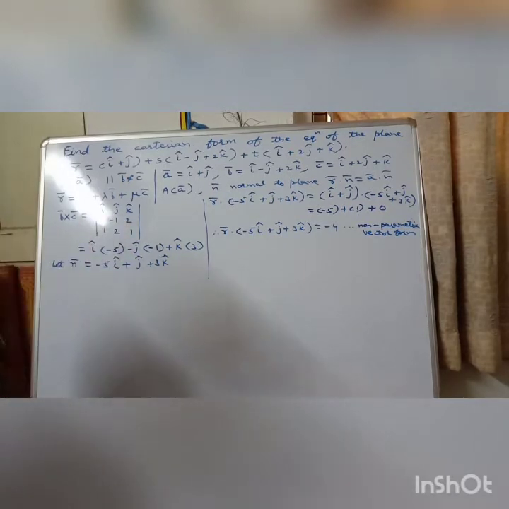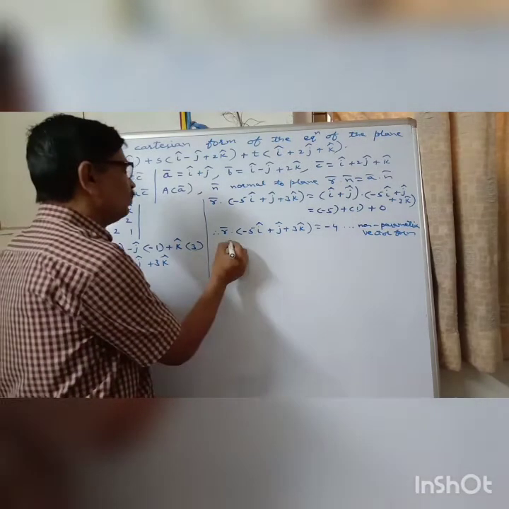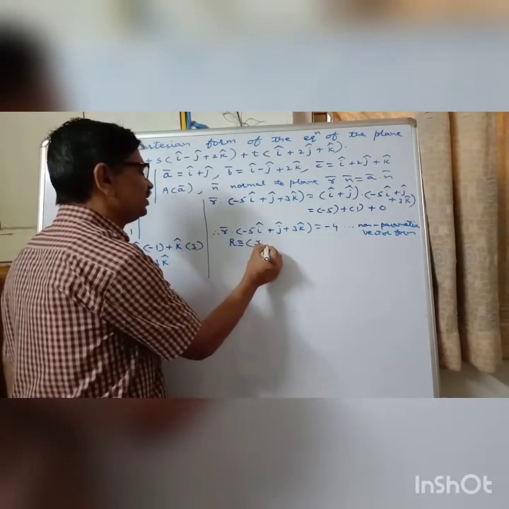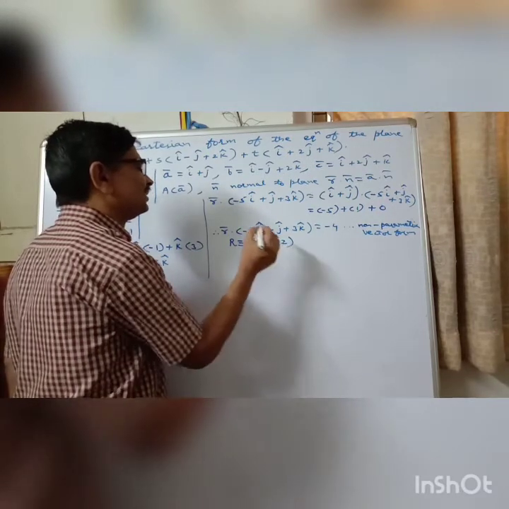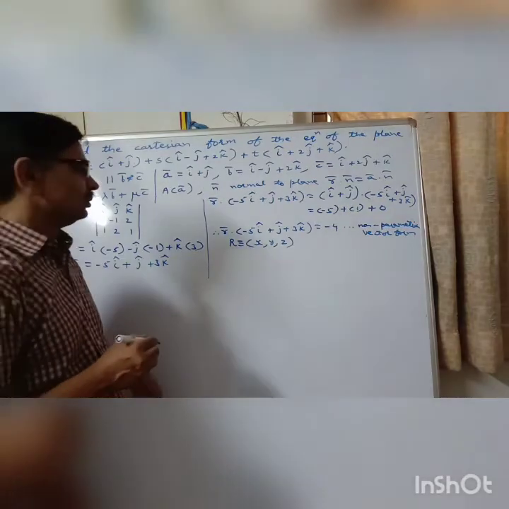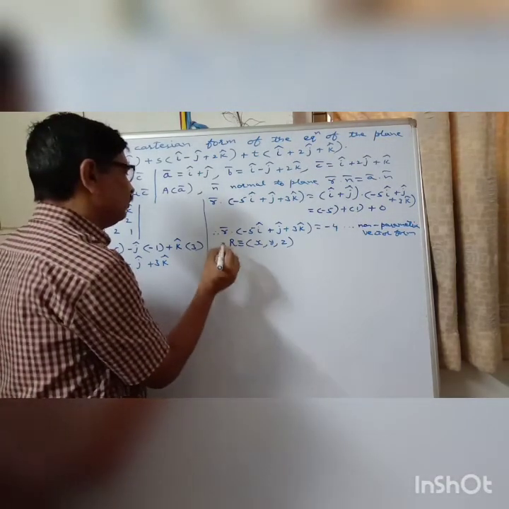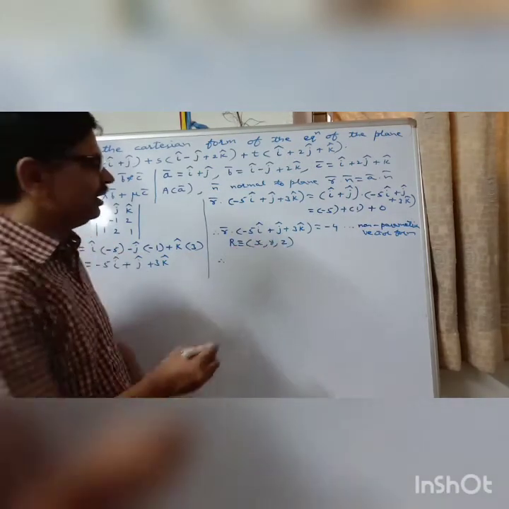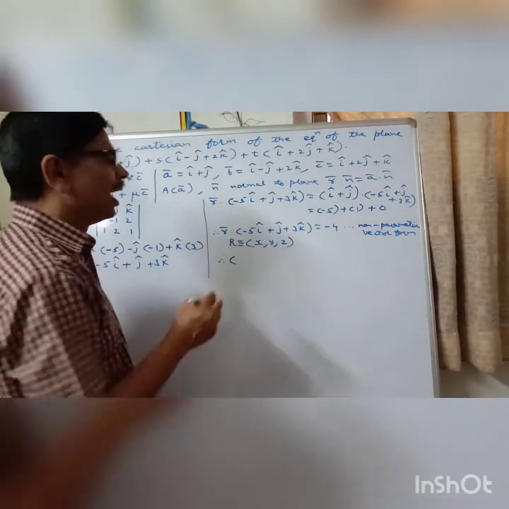R bar, it is position vector of one point in space. Suppose coordinates of R, x, y, z. Then R bar, position vector of point R. Coordinates of R, they become coefficients of i, j, k.